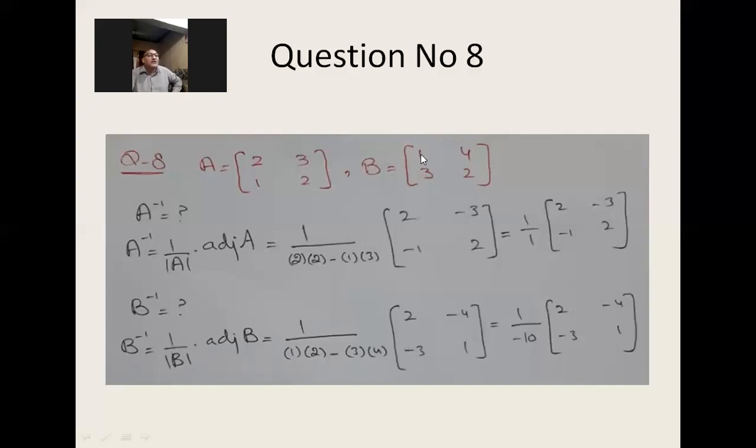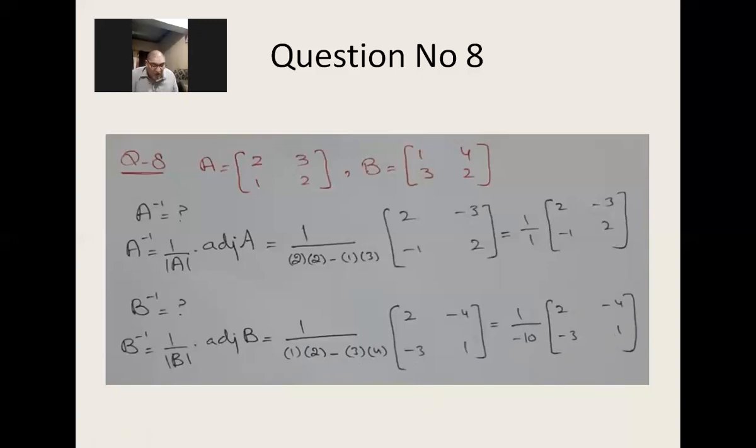And then we will have the adjoint. In the adjoint, we interchange the location of these 2 points along this diagonal, and we change the sign of these 2 members along this diagonal. So you will have [2, -4; -3, 1]. The denominator here will be 2 minus 12, and that will be minus 10. So you have 1 by minus 10 into [2, -4; -3, 1]. So this is how you find the inverse of B.